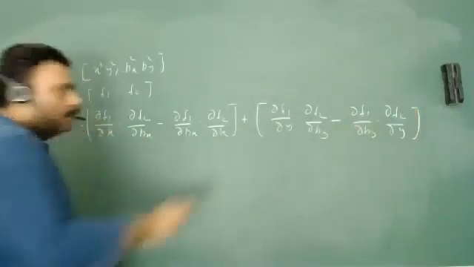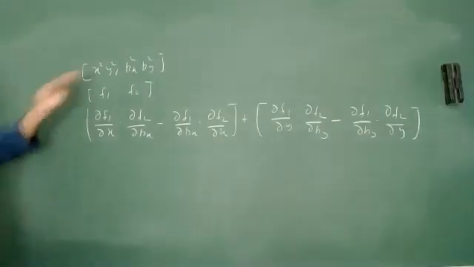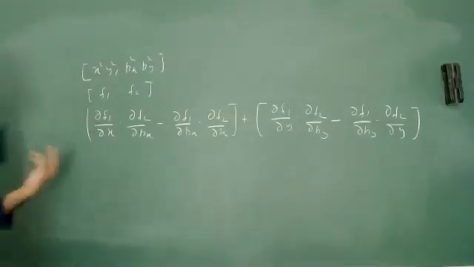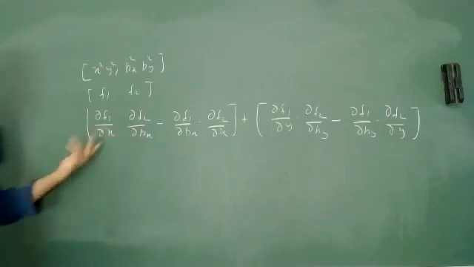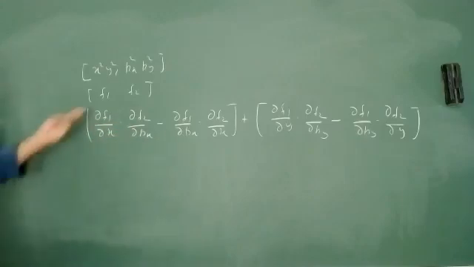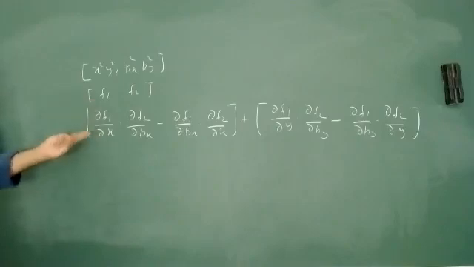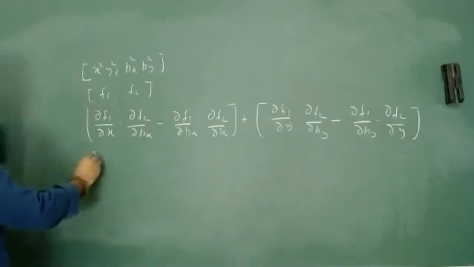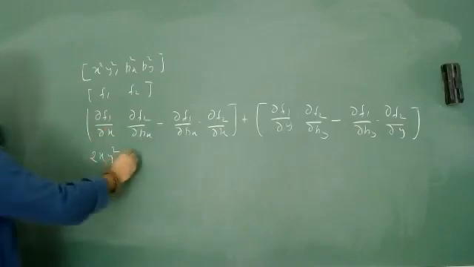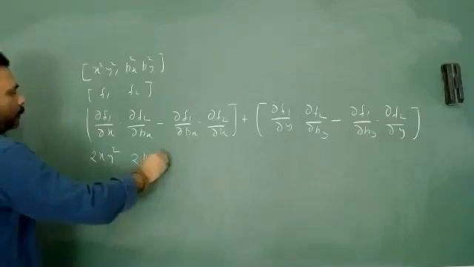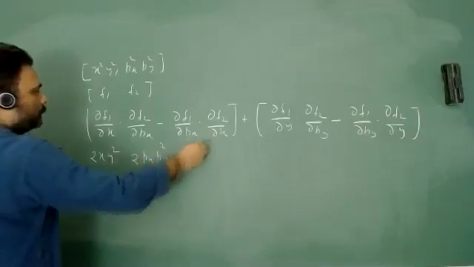If you want to go for the property, you can, but if it works so simply, why waste time? What will be this particular thing? This will be 2x y square. And this will be 2 px py square. Then this term will be 0.